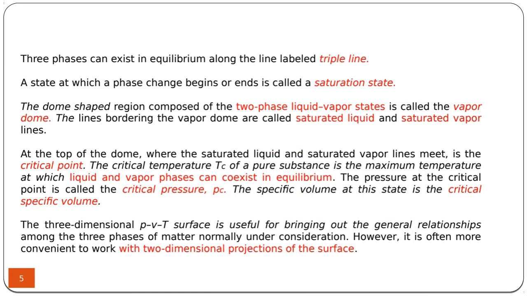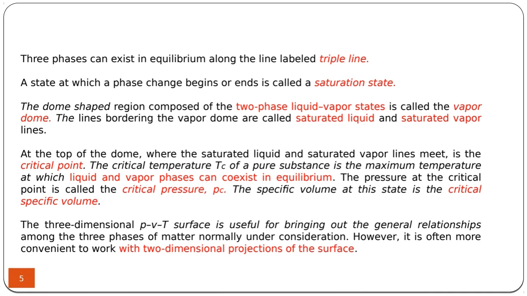So the triple line is a line below which sublimation can occur. Saturation is the phenomenon at which a substance changes from solid to liquid or liquid to gas.